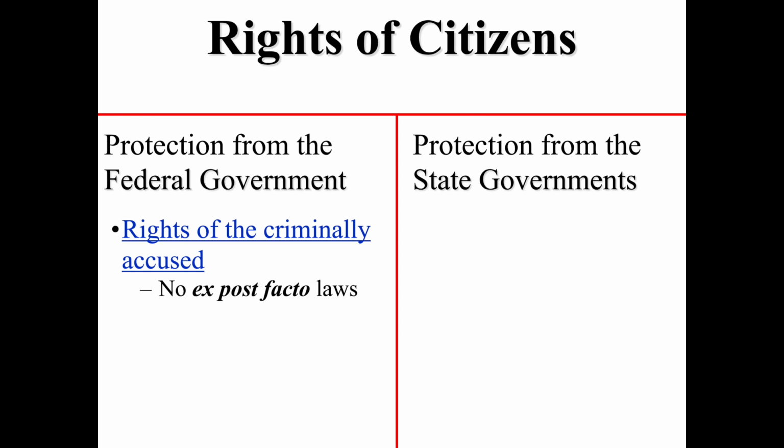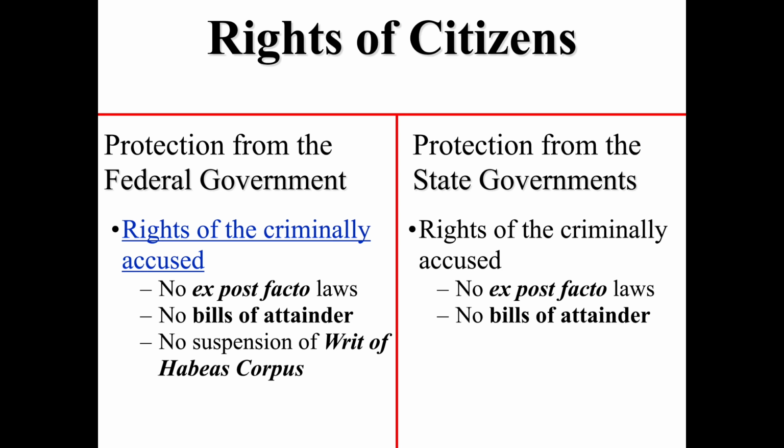Okay, so these are protections from the federal government and protections from the state governments. And there are three big things as far as the federal government goes. These are huge rights that you have if you've been accused of a crime. We don't allow for ex post facto laws. We're going to get into what those mean in just a second.